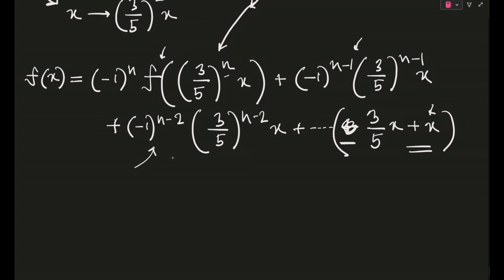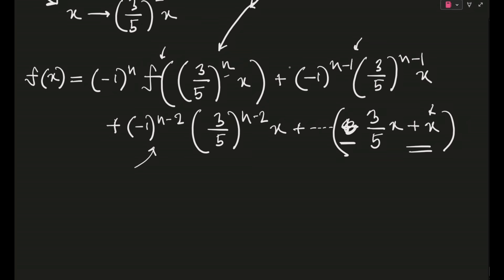And because g of x has limit n tending to infinity, it would not be a bad idea if we also find this sum not to n terms but to infinite terms.